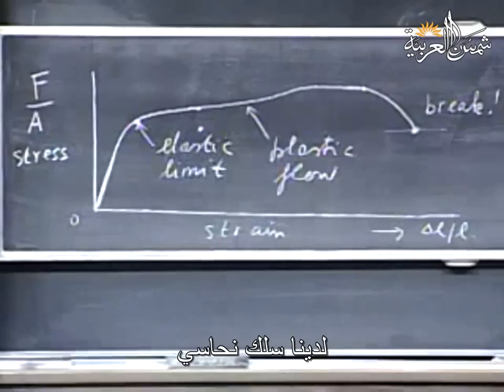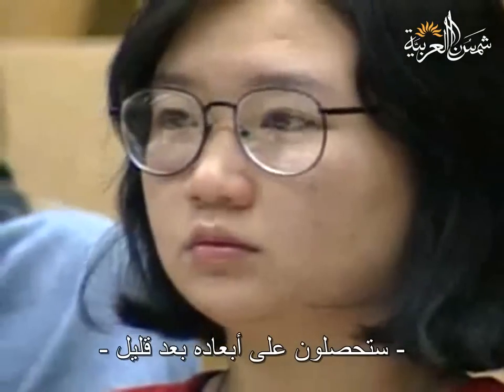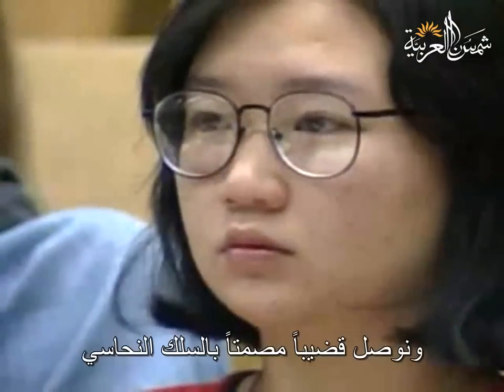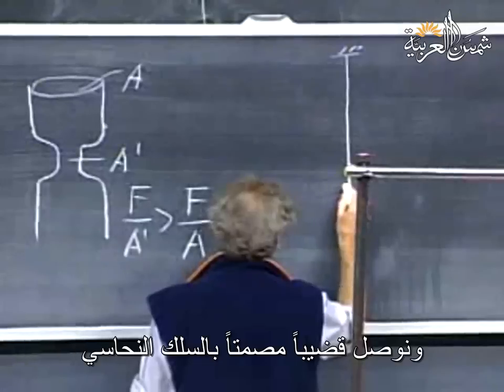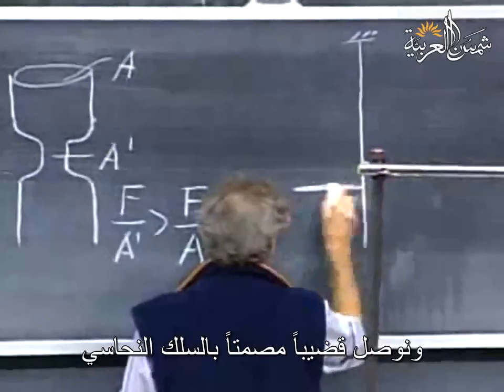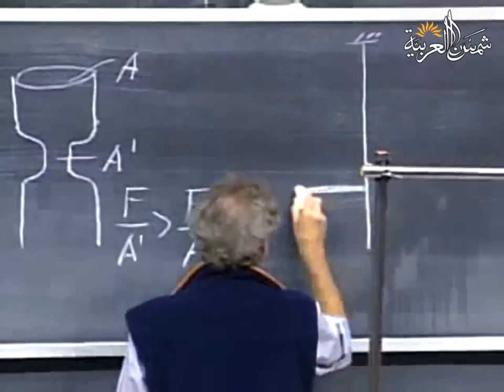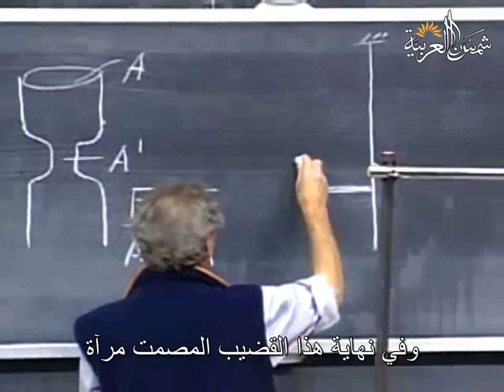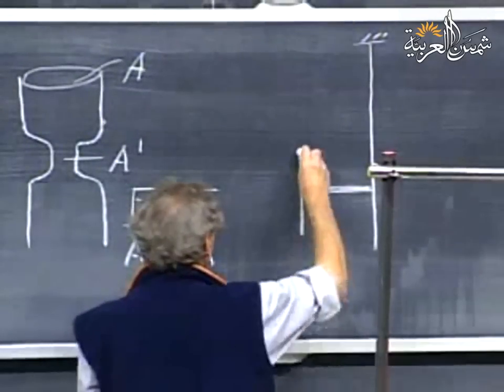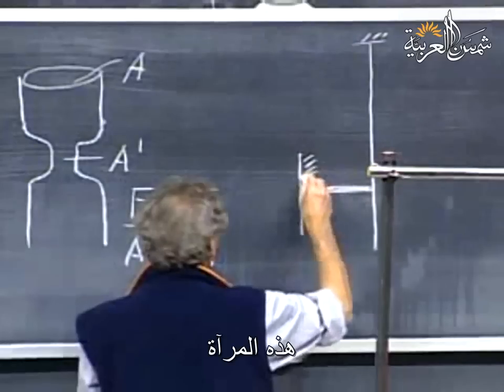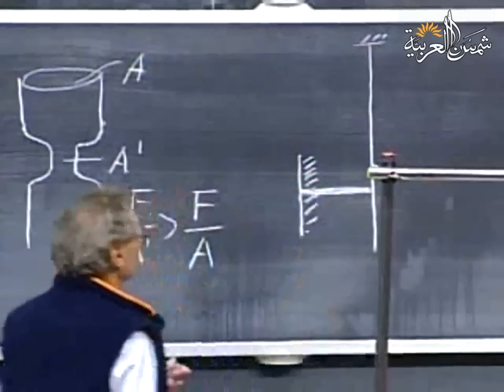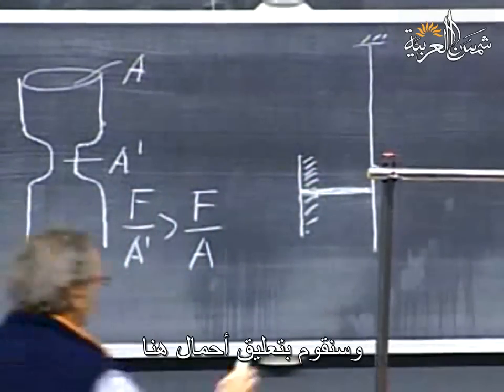We have a copper wire. You'll get the dimensions from me very shortly. And we attach to the copper wire a rod, a solid rod. And at the end of the solid rod is a mirror. This is a mirror. And we're going to hang weights on here.